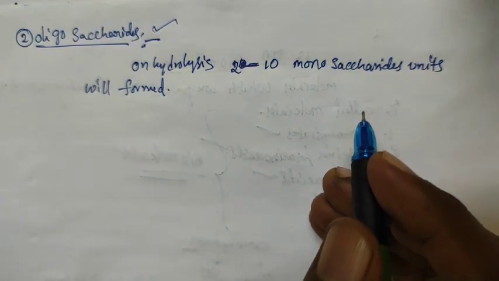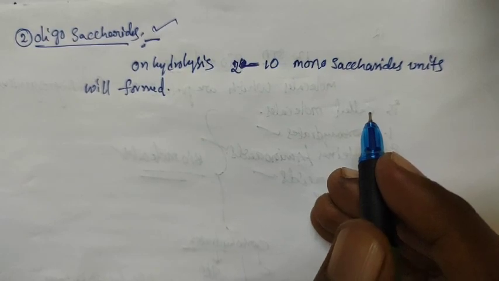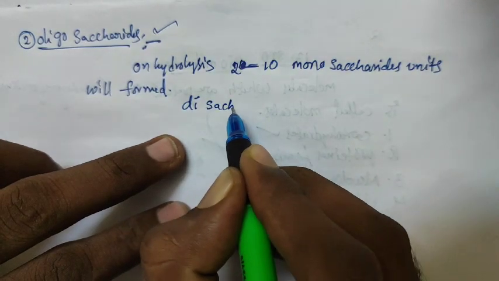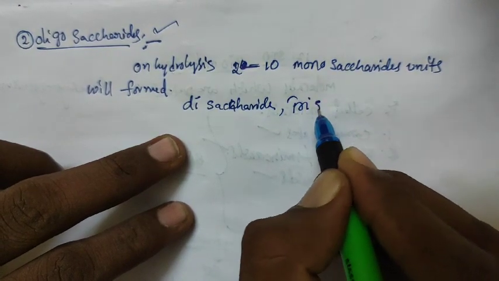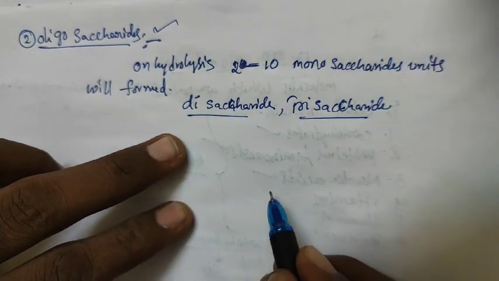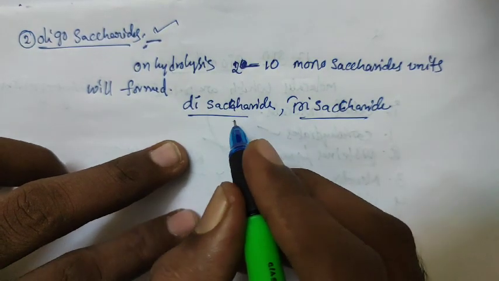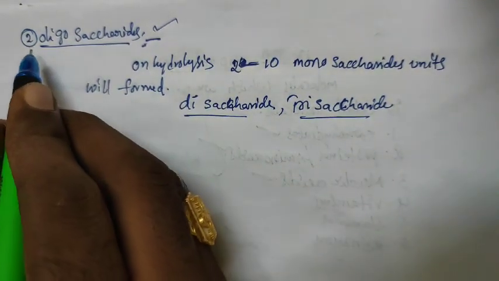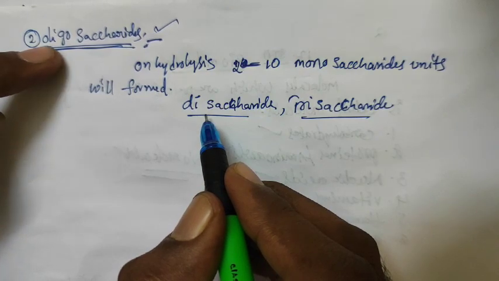They are further classified into disaccharide, trisaccharide and so on. Polysaccharide is the third class in this classification based on hydrolysis: monosaccharide, oligosaccharide, polysaccharide.